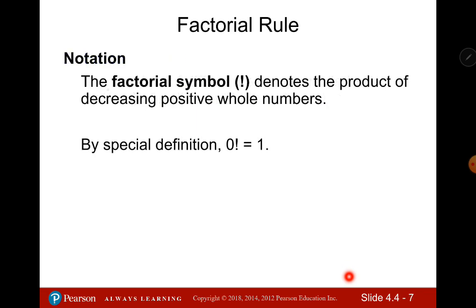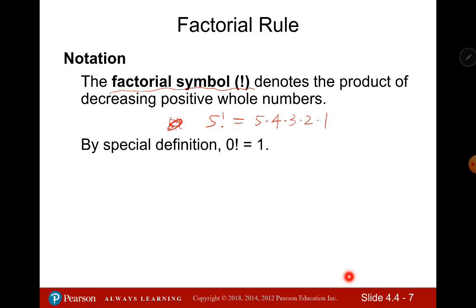Alright, the factorial symbol. What's the meaning of this factorial symbol? It means the product of decreasing positive whole numbers. For example, what is 5 factorial? 5 factorial is just 5 times 4 times 3 times 2 times 1.